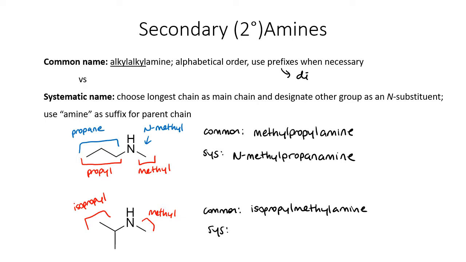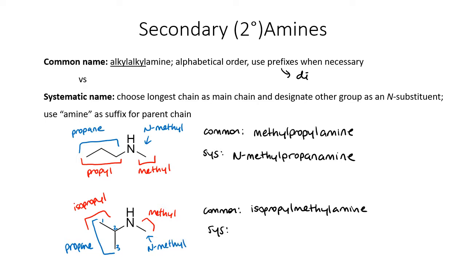Now with our systematic name, our main chain is going to be this propane group. Now the nitrogen is not attached at the very end, it's actually attached at carbon number 2 of our longest chain. So we're going to have to show that in our name. Then again, we have a methyl group attached to the nitrogen, so that's our N-methyl group.